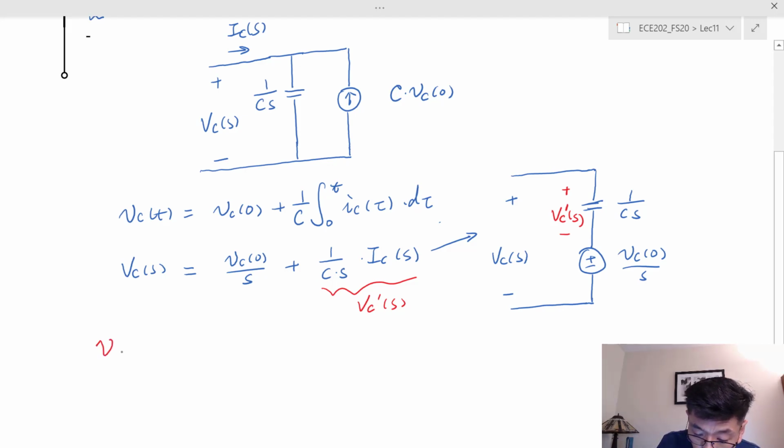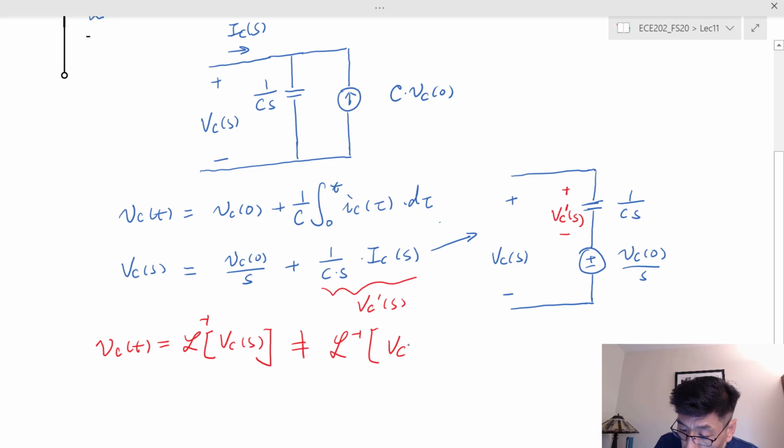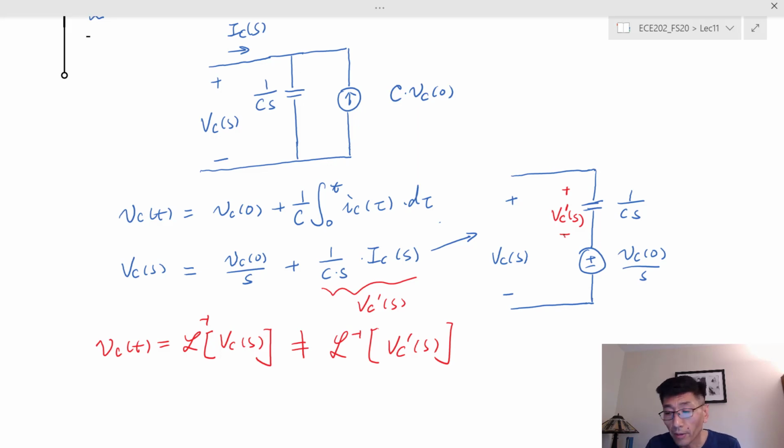The V sub C(t) is the inverse Laplace transform of V sub C(s), the total voltage, not the inverse Laplace transform of V sub C prime(s), because this term does not include the initial condition. So that's very important to pay attention to when you utilize the equivalent circuit.